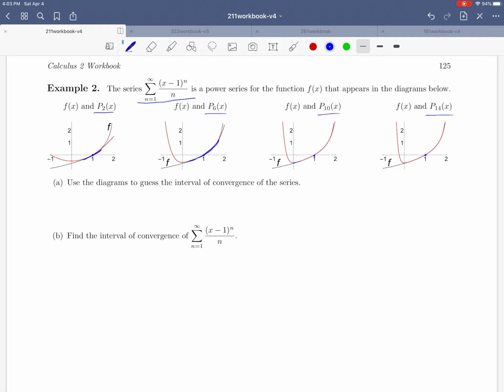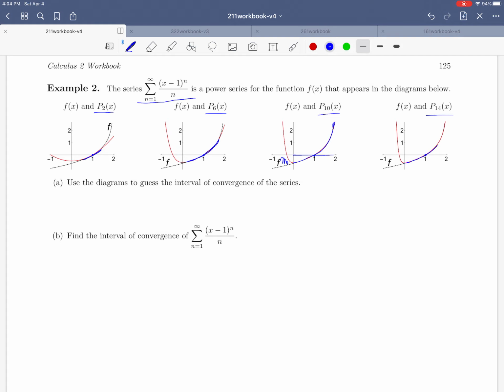And with the 10th degree polynomial, we get even a little bit more values of x. So it almost looks like anywhere from 0 to 2, we have pretty good agreement. But outside of that range, we have a gap appearing. And the 14th degree polynomial is showing a very similar picture.